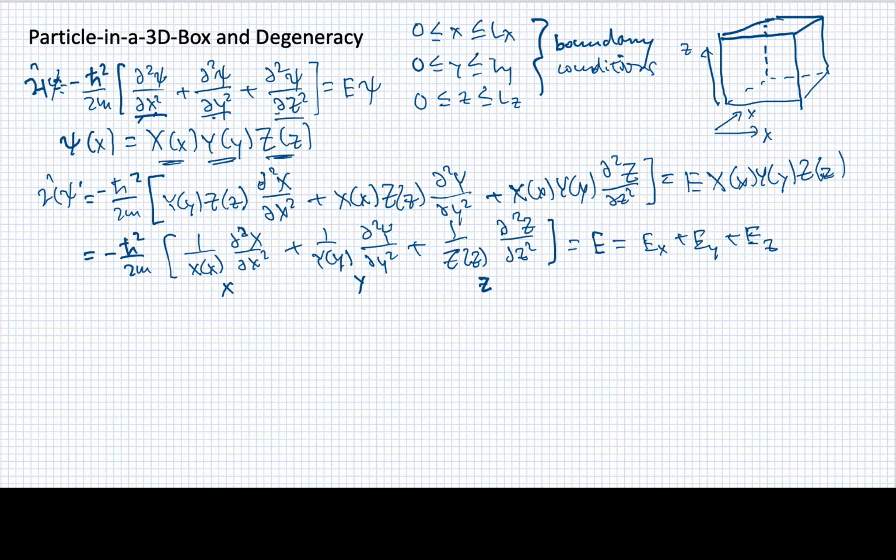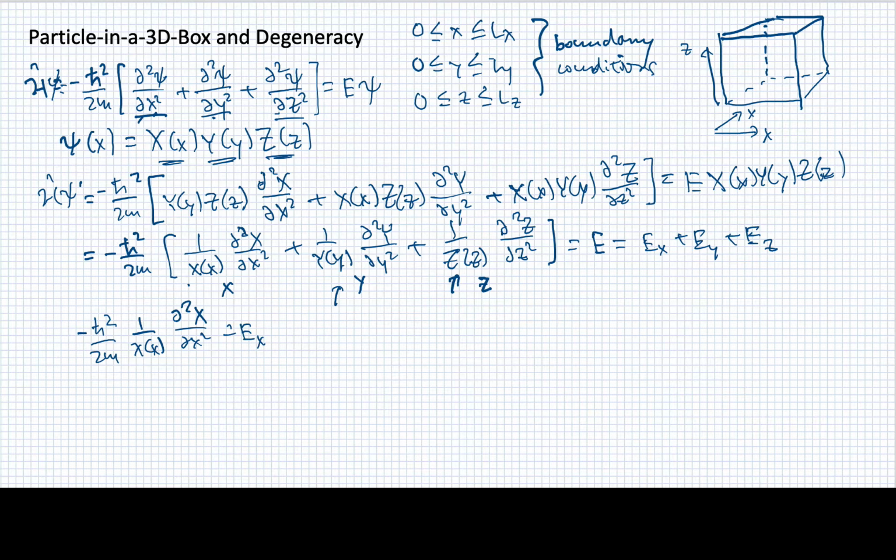So a variation in x will not affect whatever's going on here or here, and likewise a variation in y won't affect the x part or the z part, and a variation in z won't affect the y part or the x part. So it means that we can separate this into effectively three Schrodinger equations. I'll have minus h bar squared over 2m times 1 over X of x, the second derivative of X with respect to x, equals E sub x.